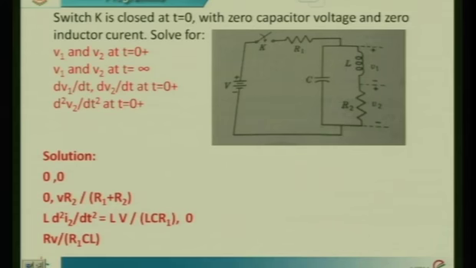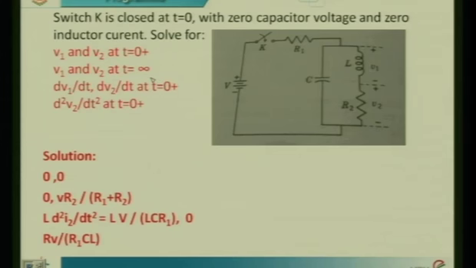In this particular problem we have two parallel branches, a capacitor and an RL circuit, where the switch is closed. Just observe here, what they have asked is to calculate V1 and V2 at t equal to 0 plus, and V1 and V2 at t equal to infinity.